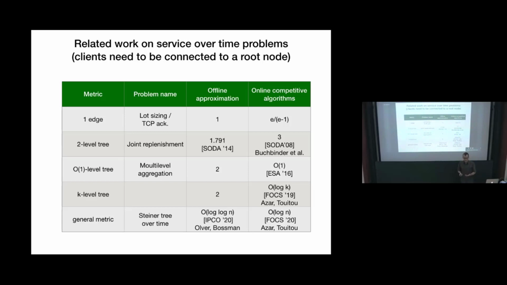I'm not able to give credit to all the work that was done on this. I'm more interested in the lower part of the table. You see this metric can get more complicated. Somewhere here we get the joint replenishment problem. Here we talk about aggregating on a tree with a constant number of levels.